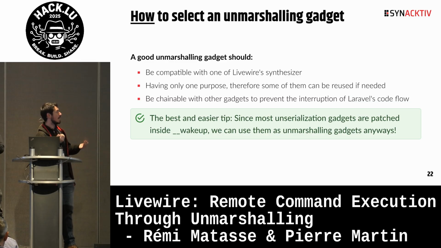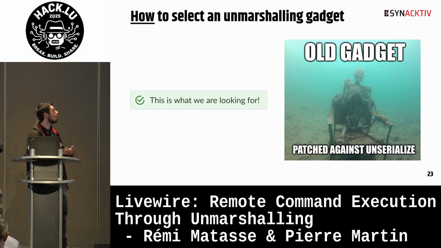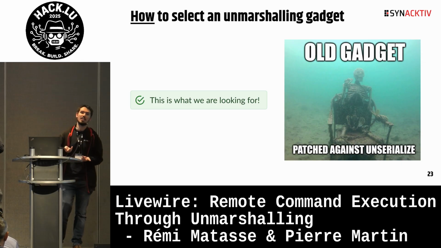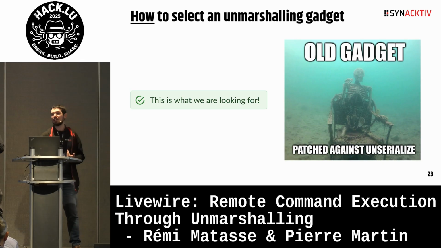And finally, the best and easiest tip: since most unserialization gadgets are patched inside the wakeup, what we can look for is all gadgets which are already patched against unserialization, but will still work in our case since we are doing arbitrary instantiation, which is called unmarshalling.